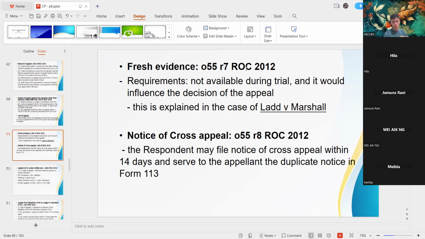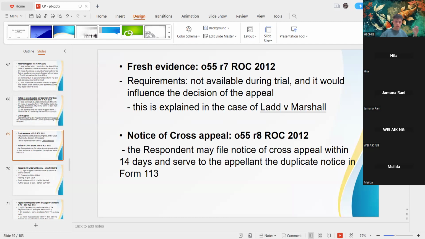The reason why they put this requirement is simply because of res judicata. Whatever you have already used in the first trial, and the court already gives the judgment based on the evidence, is caught by the rules of res judicata.